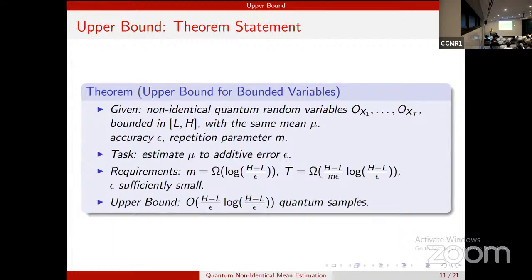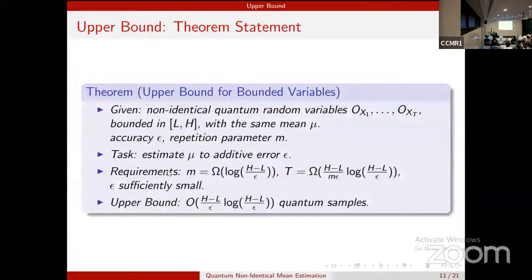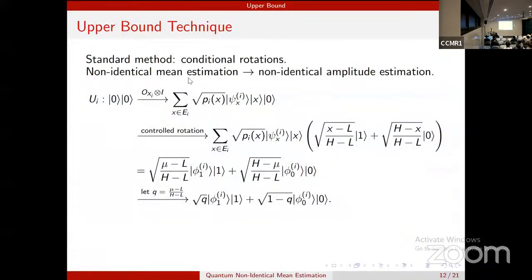So how to prove this? For the bounded variables, we first use the standard method of conditional rotations to encode the wanted mean mu from the distribution into this amplitude. So obtaining this quantum state, as long as we can estimate this amplitude, we have an estimator for the mean mu.